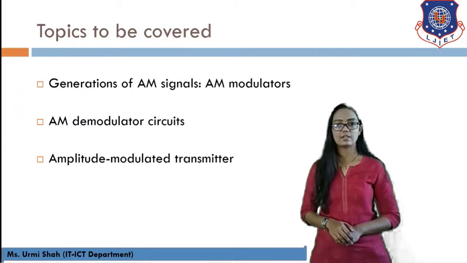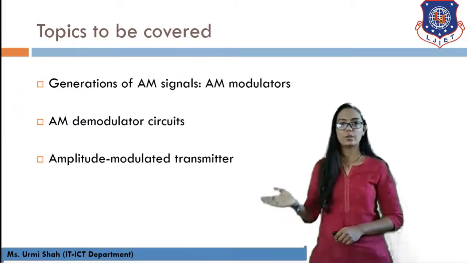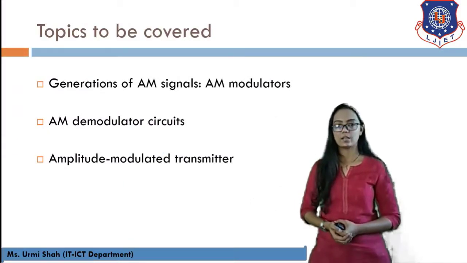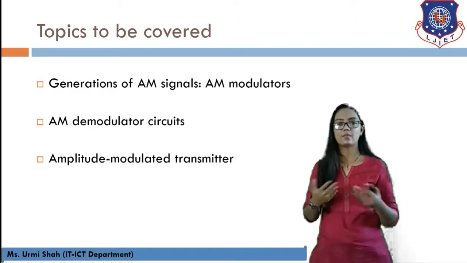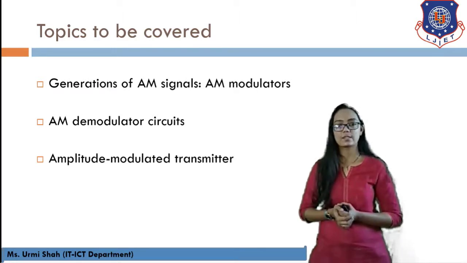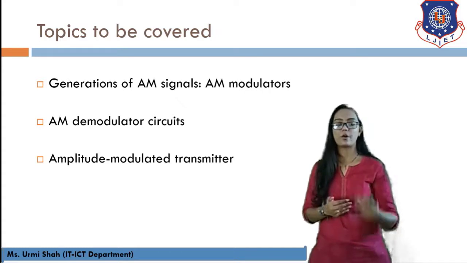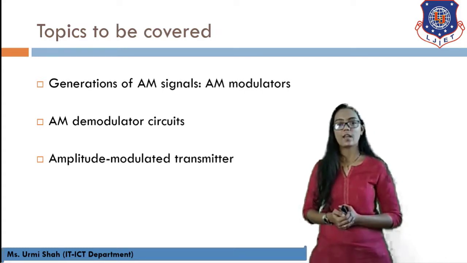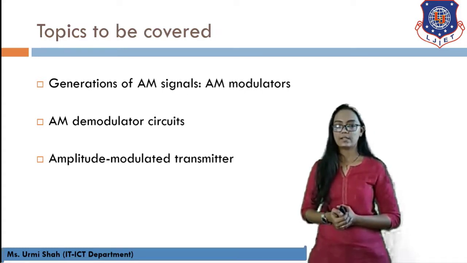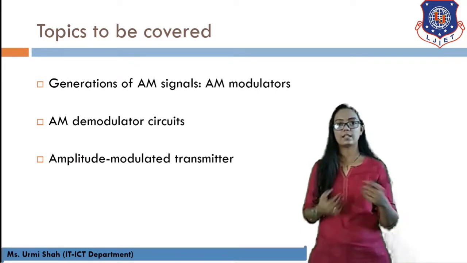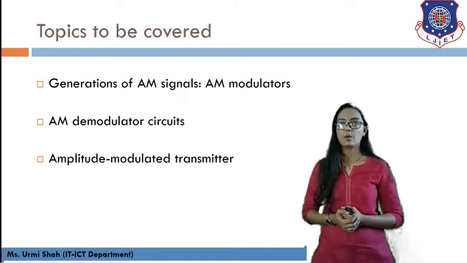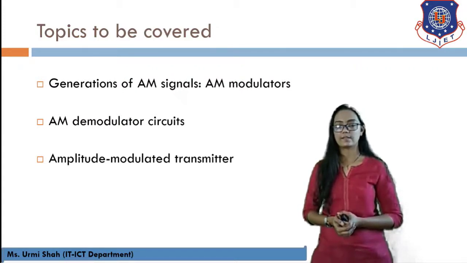In today's session, we are going to cover the following topics: generation of amplitude modulated signal using amplitude modulators, that is the types of modulators available in the market if you want to perform amplitude modulation; what are amplitude demodulator circuits, how we will perform demodulation of the signal; and what is an amplitude modulated transmitter.